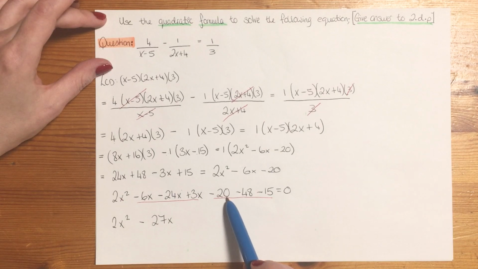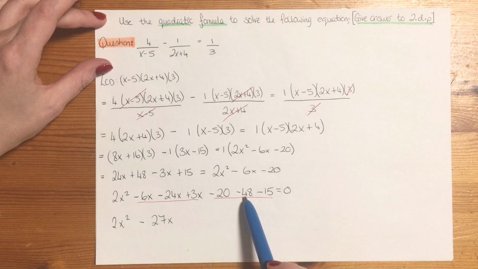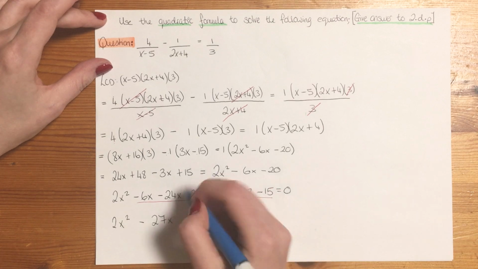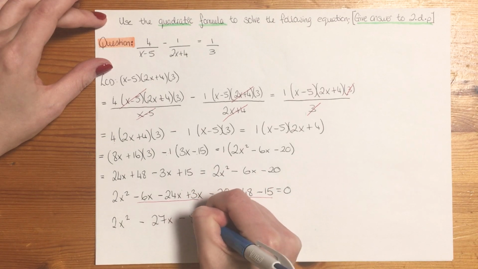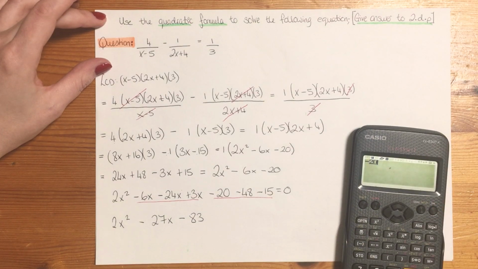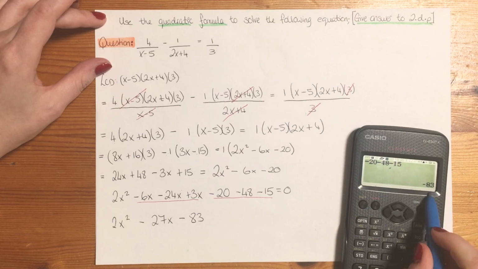Then we've got minus 20 minus 48 is minus 68, minus 68 minus 15 gives us minus 83. So I'm just going to check that. Minus 20 minus 48 minus 15 equals minus 83.